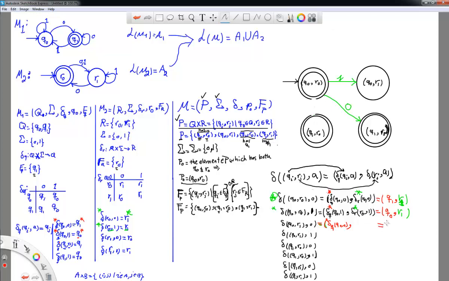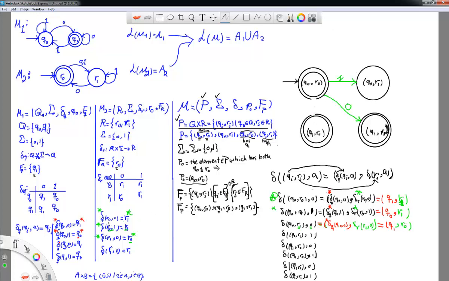So the first element of the pair is going to be q sub 1. And then the second element of the pair is going to be delta sub r of r sub 1, comma 0, which is there. So delta of r sub 1 is that one, and it is r sub 0 there. So this is going to be comma r sub 0.